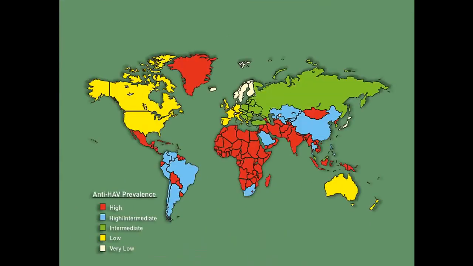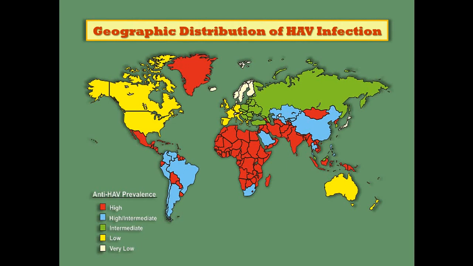Now this map shows the distribution of the virus throughout the world, and as you see, all the world is affected, but the prevalence differs from one area to another. For our region, we live here in the Middle East, so we are in a high endemic area with high prevalence of hepatitis A virus. What does this mean?